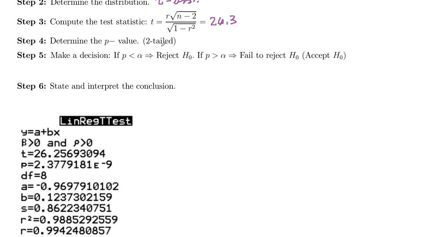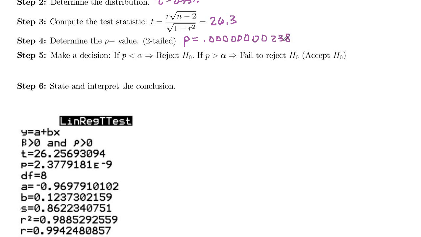Determine your p-value. Usually that's two-tailed. Here our p-value was one-tailed because we did a greater than. 2.37 E negative 9 means times 10 to the negative 9. So here our p is equal to 0.00000000238.